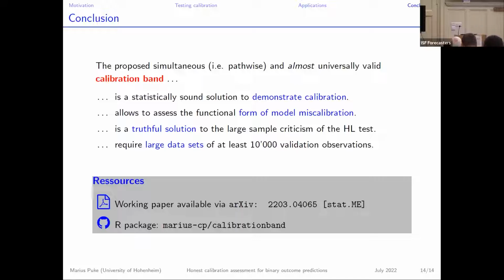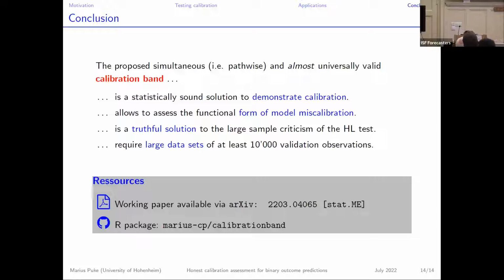It also allows you to assess the functional form of some miscalibration that you might face in your predictions, in your forecasts. And further, we think that this is a truthful solution to the criticism of those classical calibration tests, the goodness of fit tests, where they have this null of perfect calibration, which we think is not very sensible.